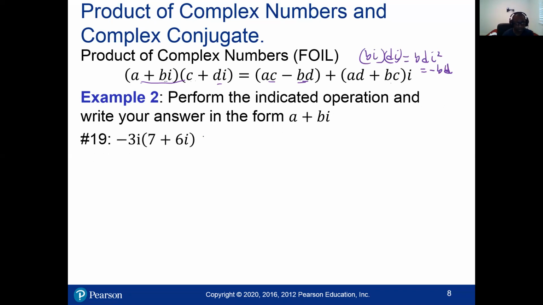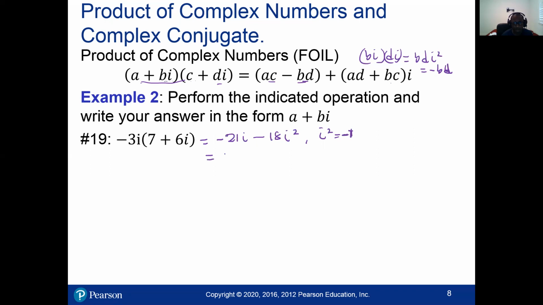Okay, so let's do the following. This is exercise number 19. I got negative 3i times 7 plus 6i. So this gives me minus 3i times 7, which will be 21i. Then minus 3i times 6i will be minus 18i squared. Now don't forget, i squared is equal to negative 1.